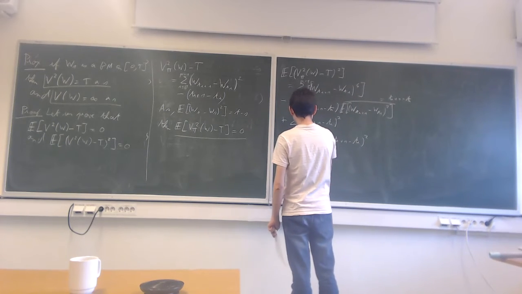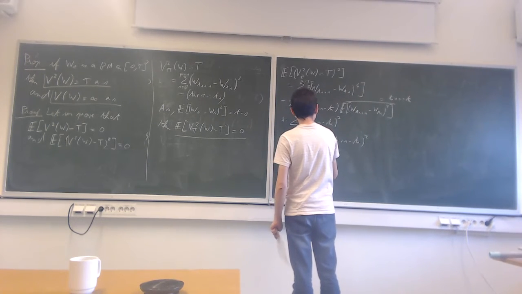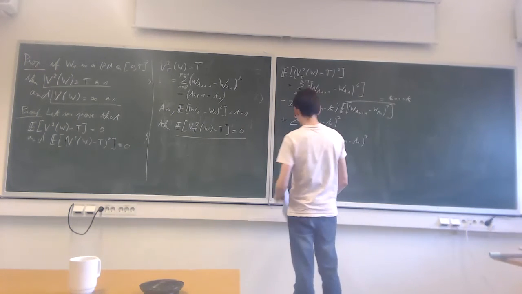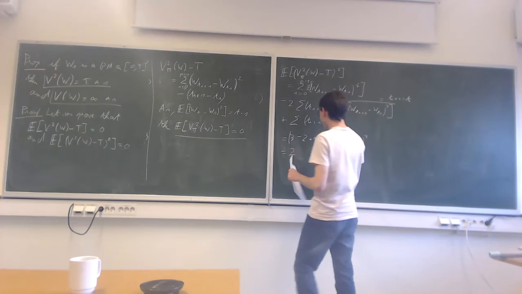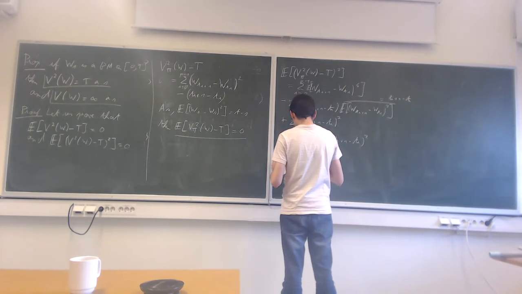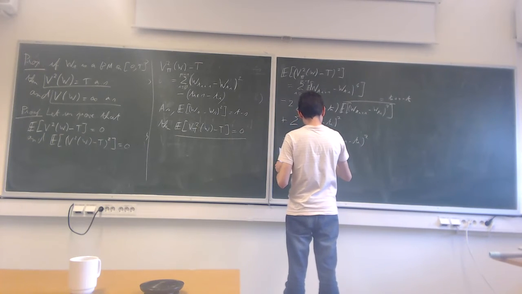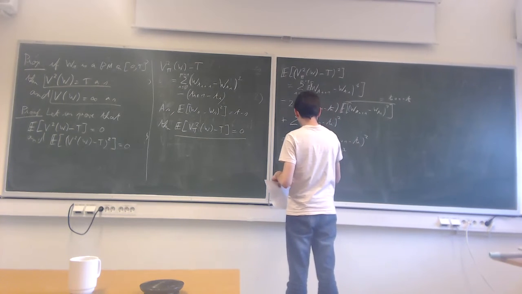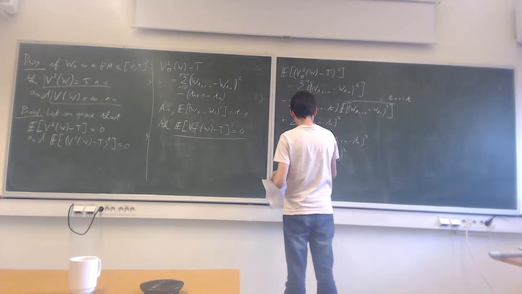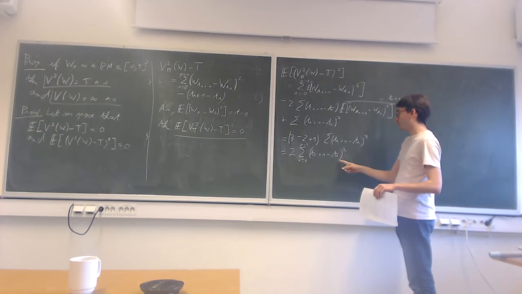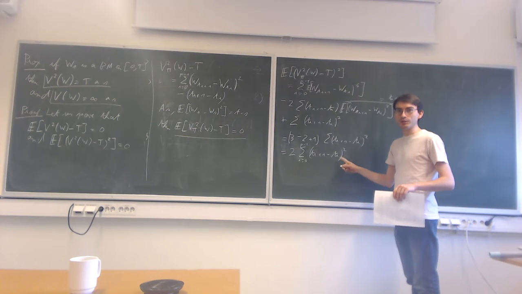Exactly. I know how to compute this, i from 0 to n minus 1. And then here we have the quadratic variation of a differentiable function.